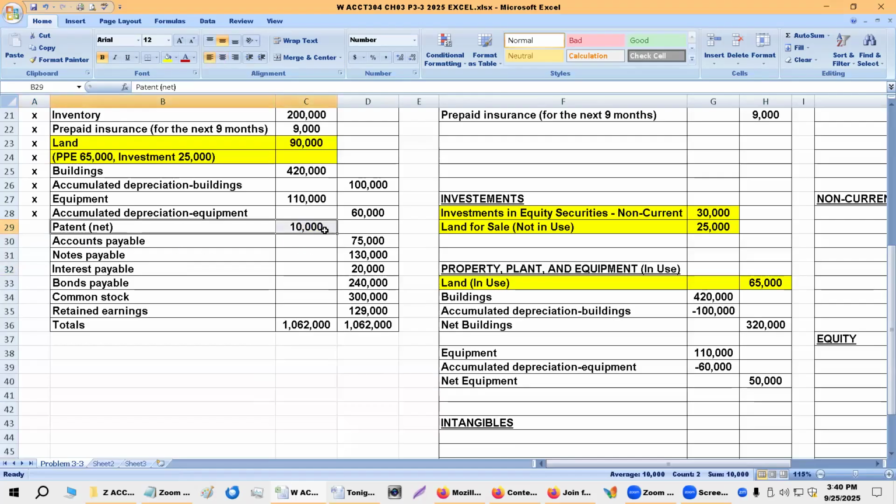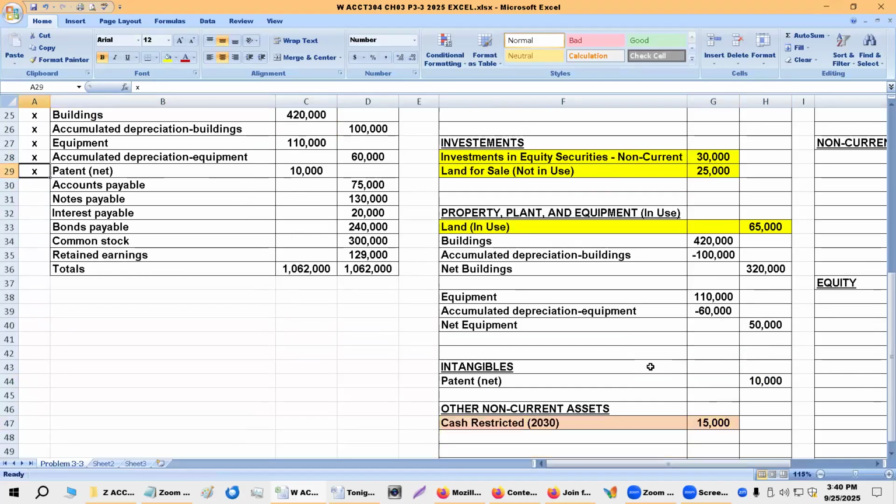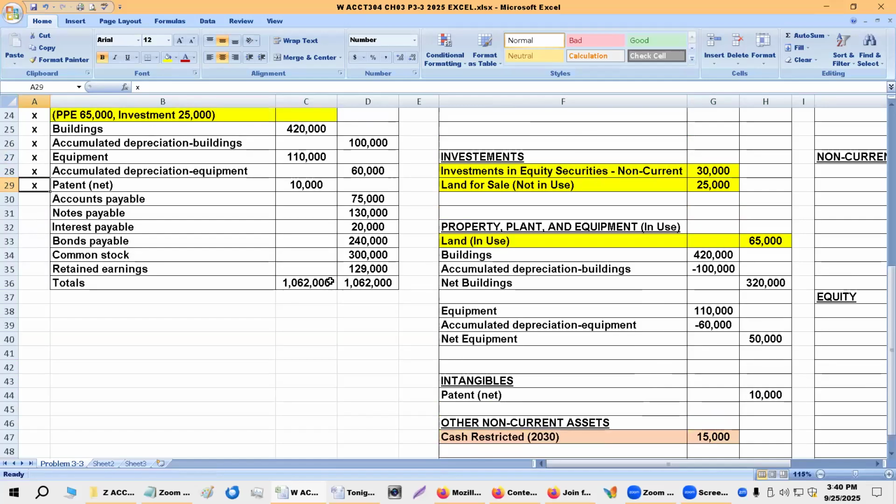Pens are intangibles. That's all we have. Okay, I think we're done with the assets. Check and make sure. Yep, all those are good.